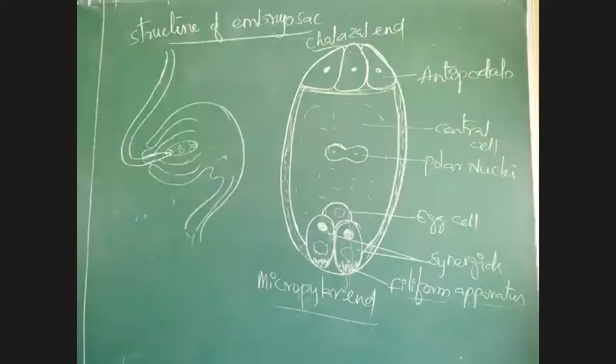Two polar nuclei in the large central cell fuse and form a bipolar secondary nucleus.